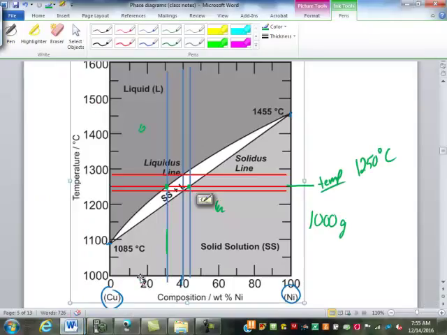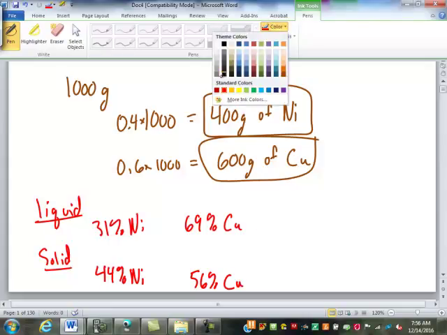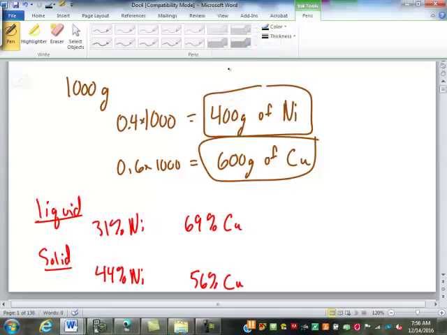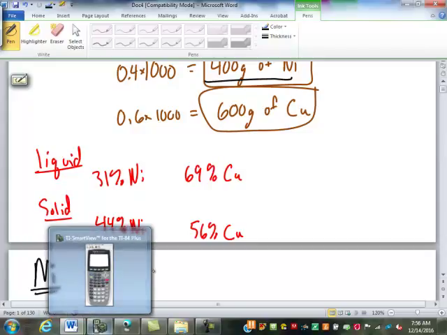So the solid, what does that look like down there? About 44. That's 50, so 44% nickel. So that looks to be 44% nickel and 56% copper. We know there's 400 grams of nickel. So we're going to write an equation to describe the nickel. There's 400 grams of it.